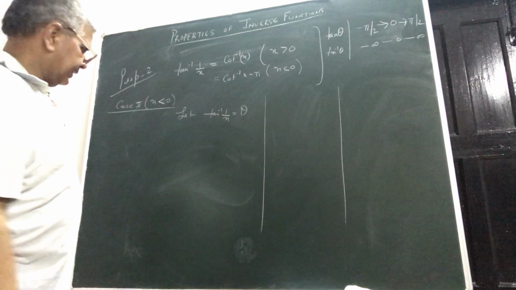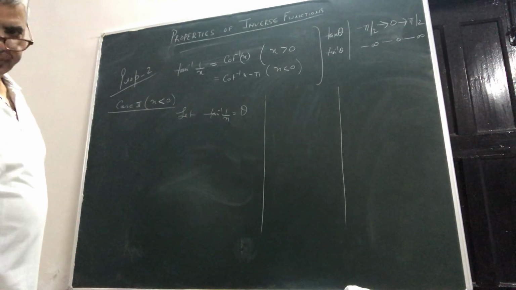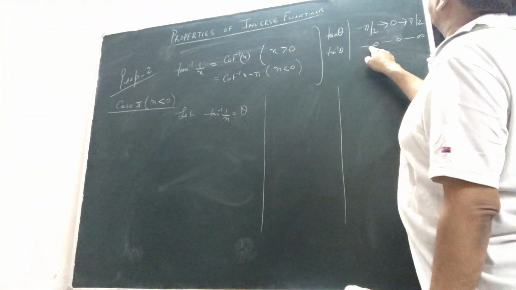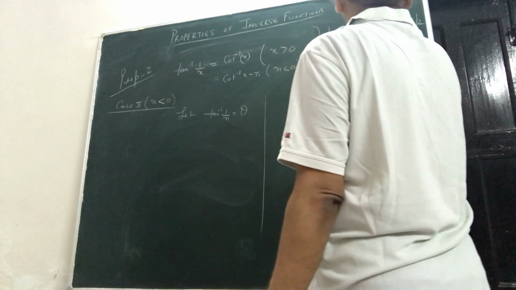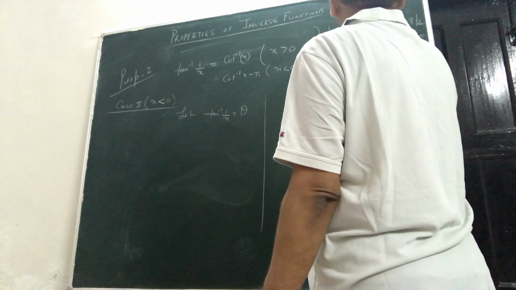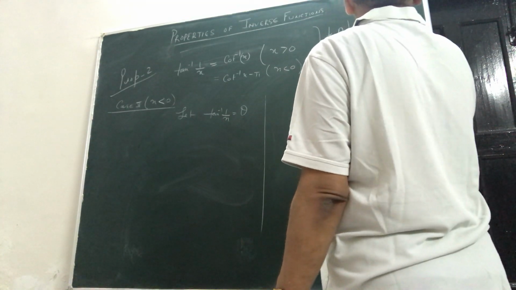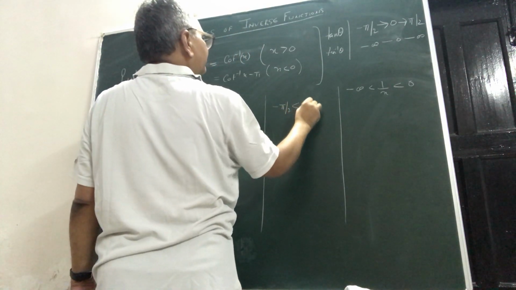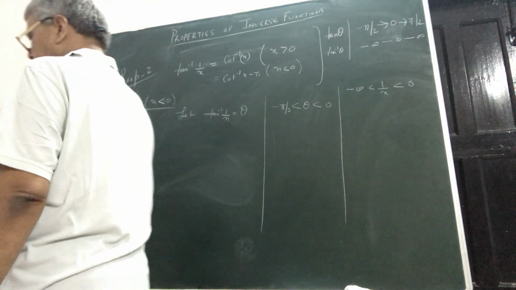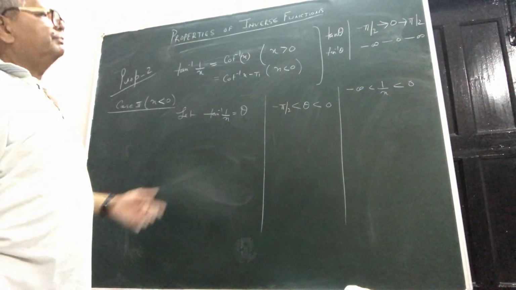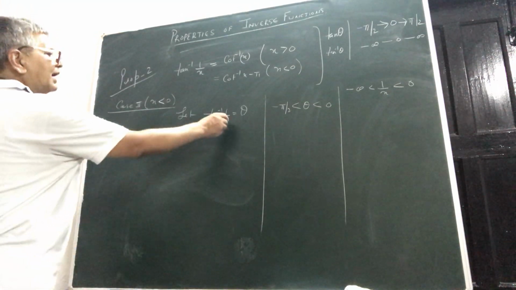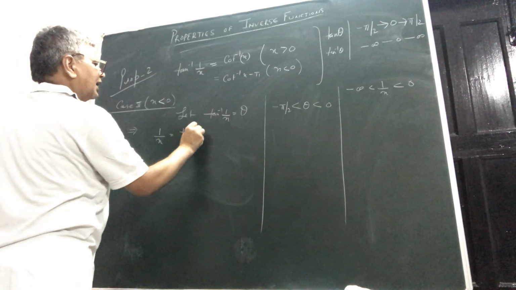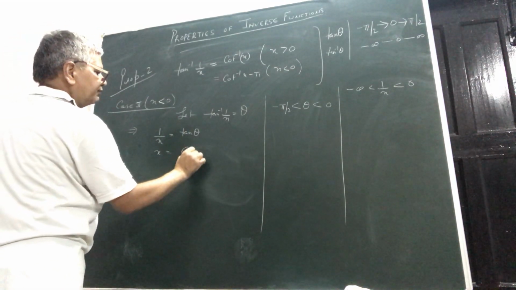Tan inverse 1 upon x is theta. x is less than 0, meaning negative. So 1 upon x will be between minus infinity and 0, and theta will be from minus pi by 2 to 0. Very simple. This implies that 1 by x is equal to tangent theta, and x will then be cot of theta.